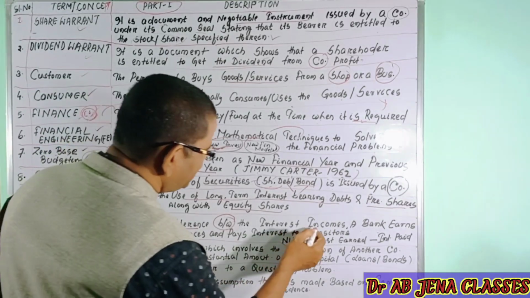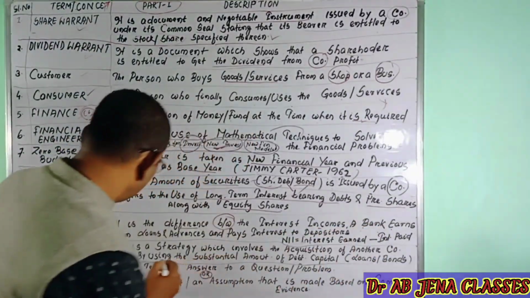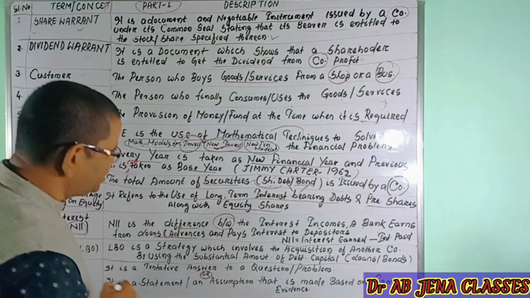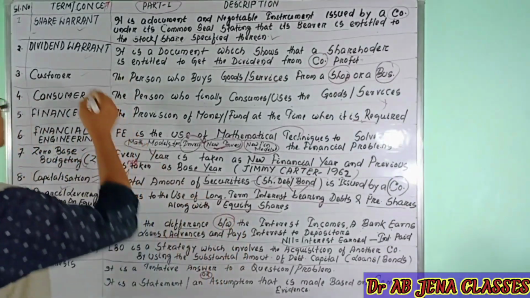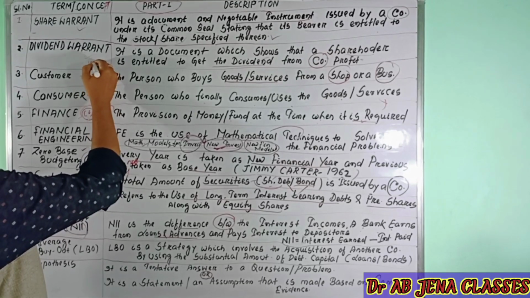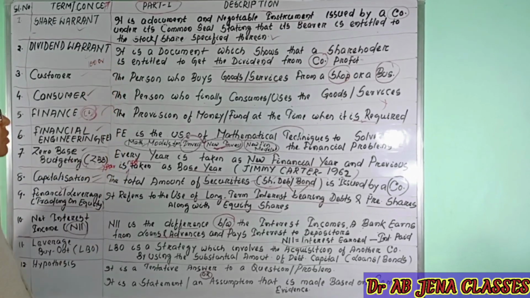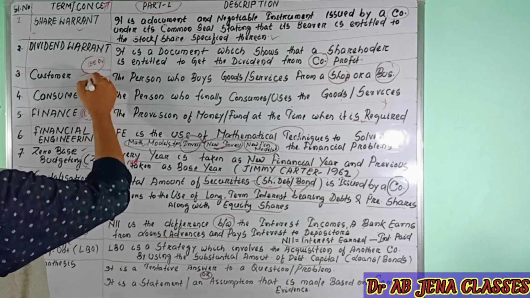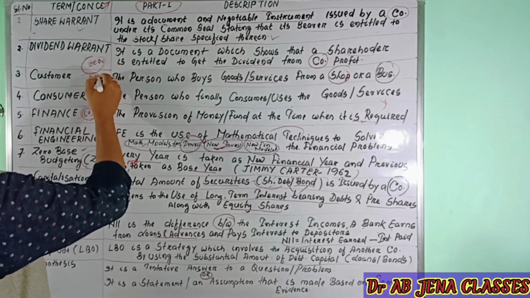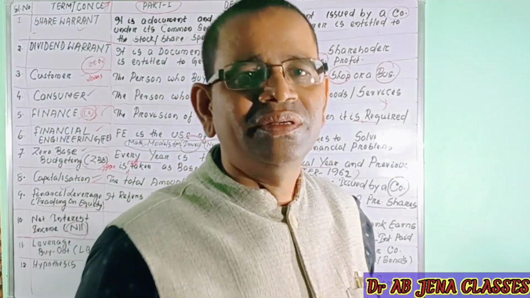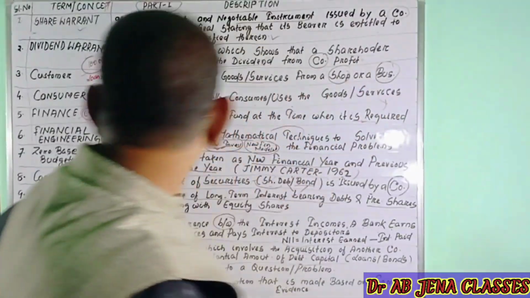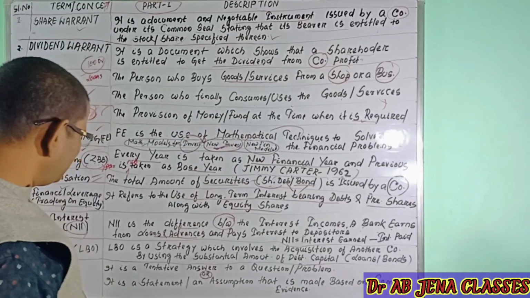the interest income a bank earns from loans and advances, as well as, let's take an example. A bank has given 100 crores in loans and advances to customers. In this situation, the bank will charge interest on the loans and advances.